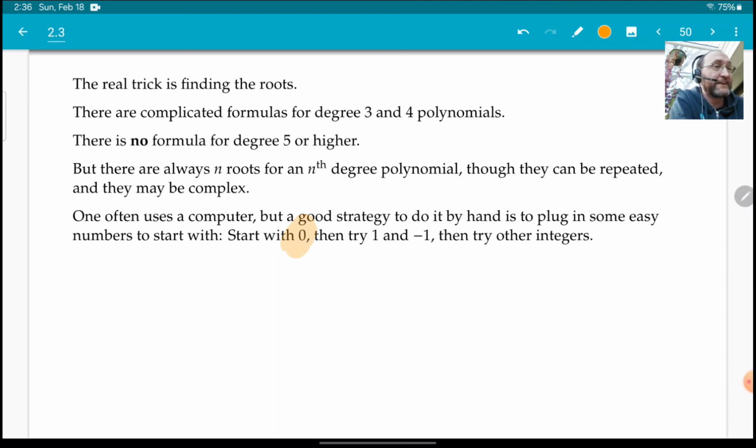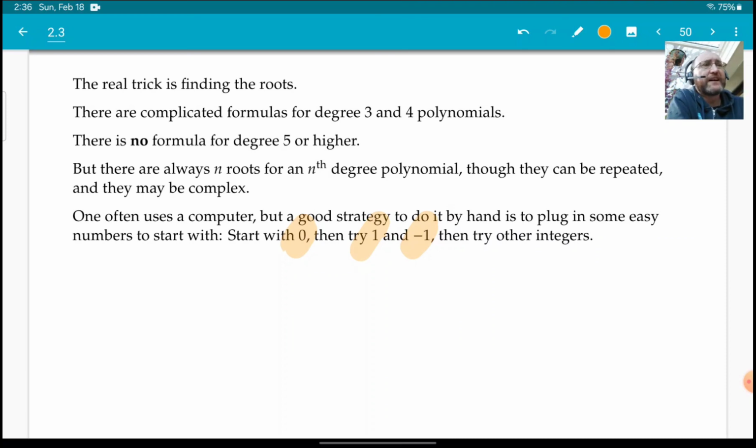Just can you factor out an r or r to some power? 1 and -1 are generally easy to figure out. I mean, you just basically plug in. That's all you're doing. You're plugging in different r's and seeing what happens. So a good strategy is to start plugging in.